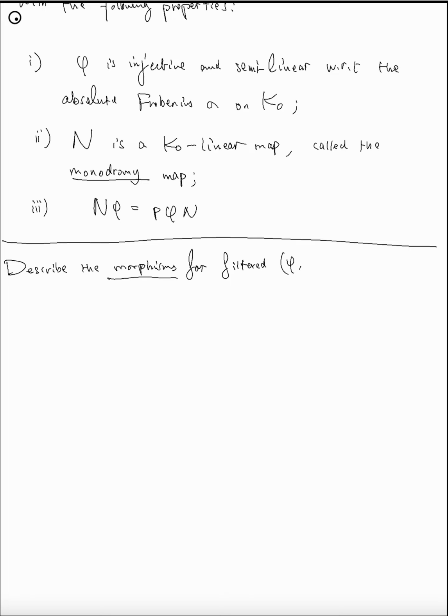As you could imagine, this is basically linear transformations between, basically isomorphisms of K0 modules. So morphisms of K0 vector spaces: linear transformations compatible with the two structures, Frobenius and monodromy.